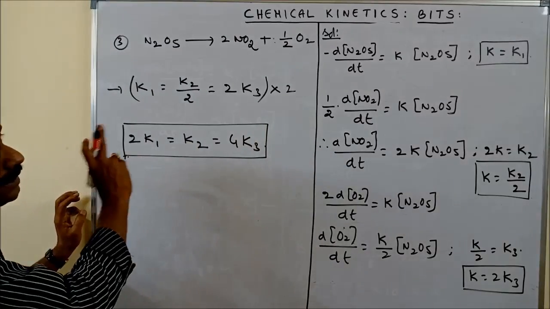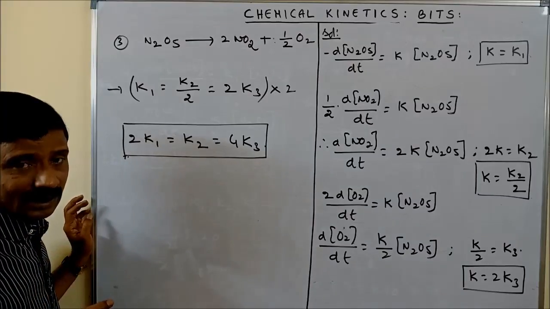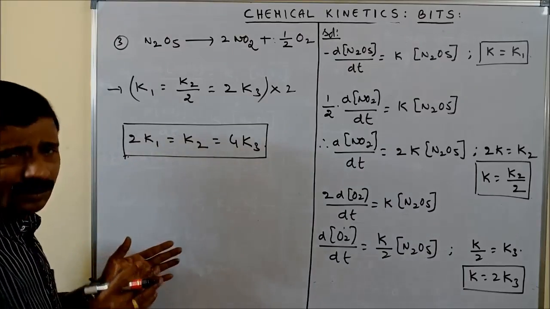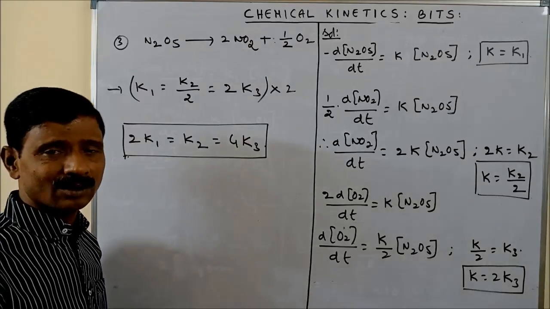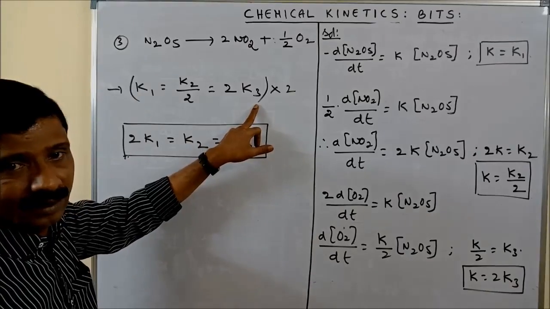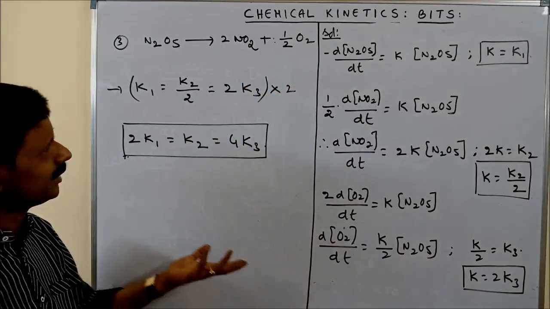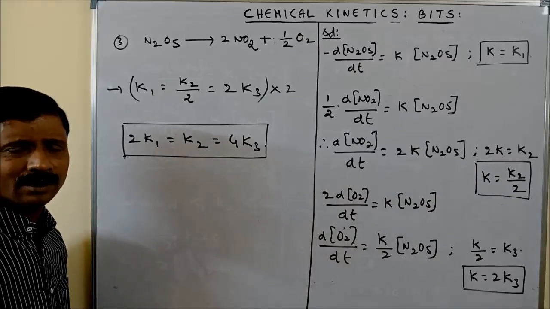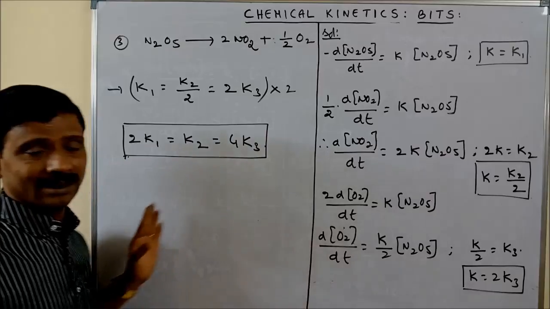So whenever the question is like this, just with the help of the stoichiometric coefficient, we have to consider the denominators of those stoichiometric coefficients, then we get the fundamental relation. So the given rate constant by its stoichiometric coefficient. Simple. But here I showed how to get this relation.